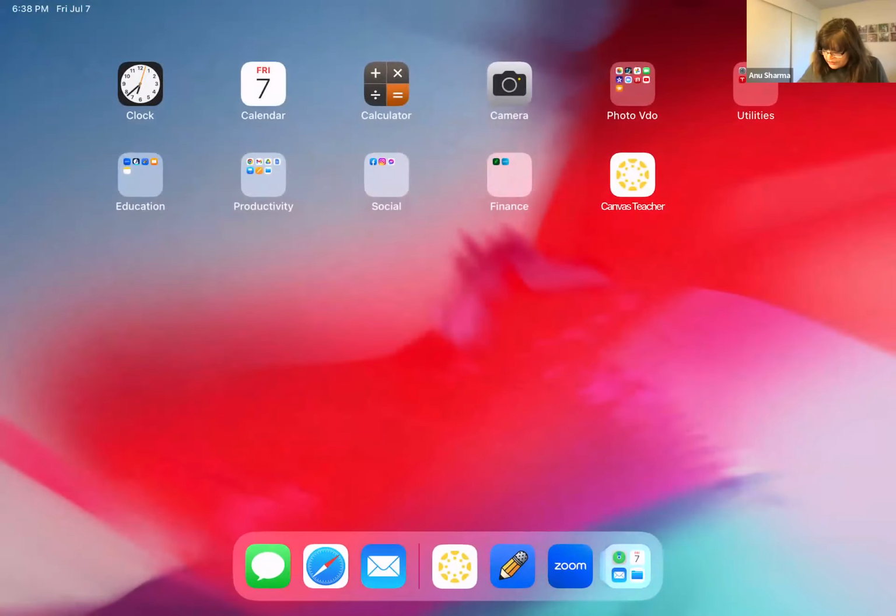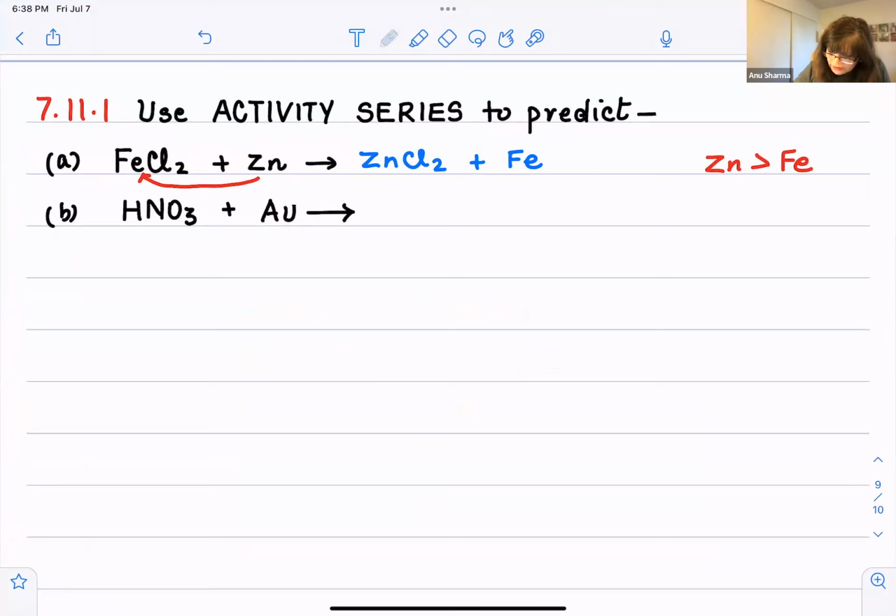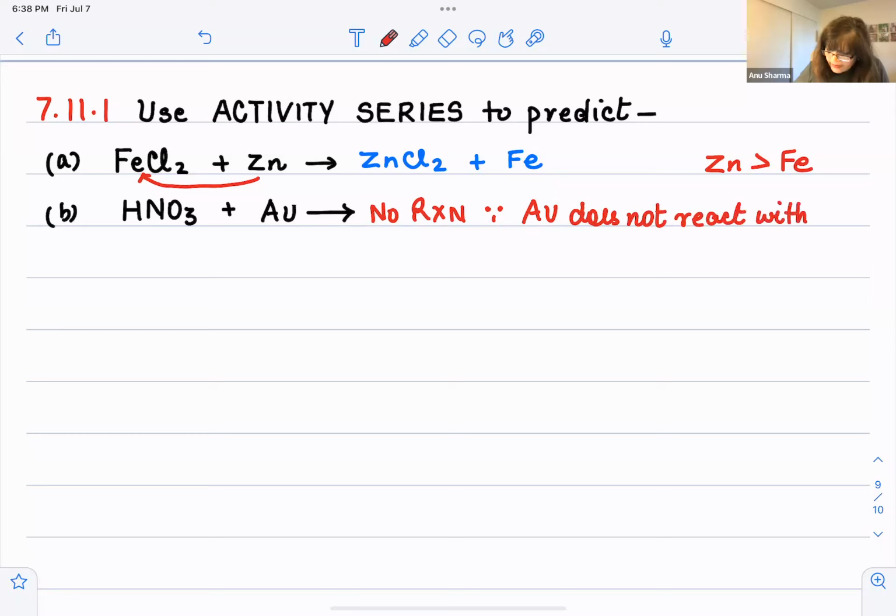So here you will see no reaction, because gold does not react with acids.